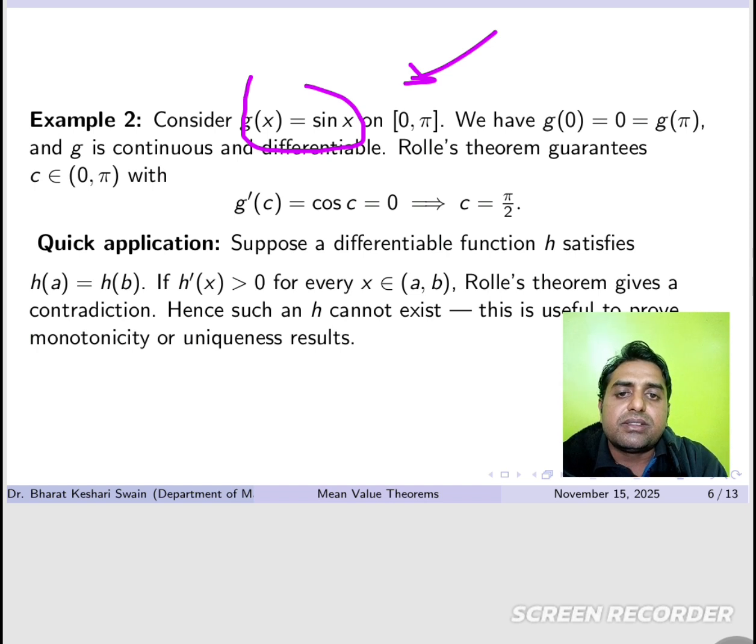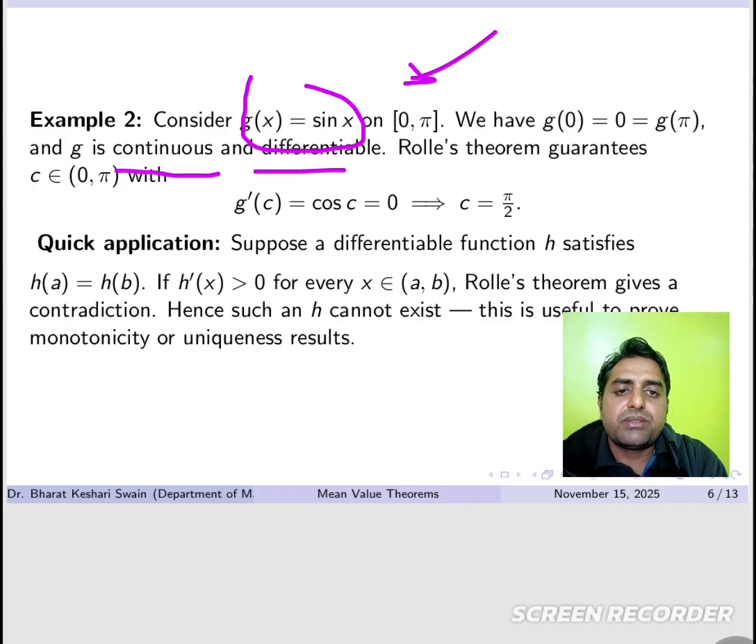Because sin x, we know, is continuous in the interval 0 to pi. If I draw the graph, you can easily check it is continuous and differentiable, because the sine function is differentiable and continuous in the given interval 0 to pi.